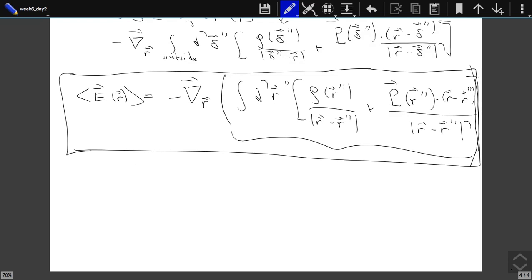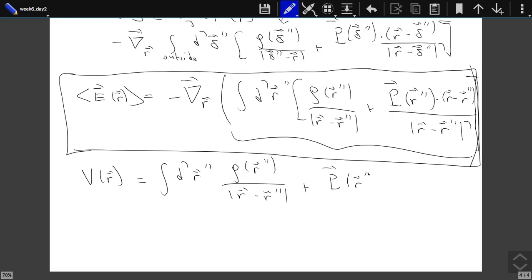And then one more step that we can do to interpret this result is, let's say V of R is equal to the integral d cubed R prime of rho of R double prime divided by the magnitude of R minus R double prime, plus P of R double prime dot R minus R double prime divided by the magnitude of R minus R double prime cubed.